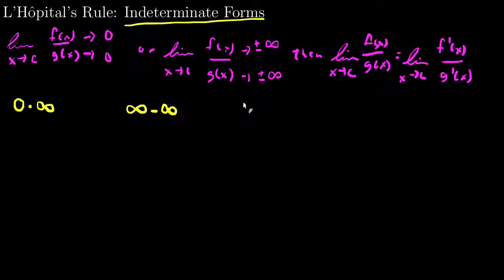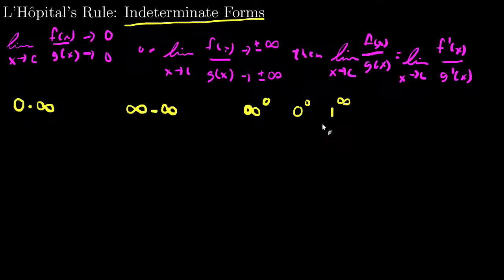And then finally I have some exponential or power functions where I get one of these forms: infinity to the 0, 0 to the 0, or 1 to the infinity power. And all of these are indeterminate.